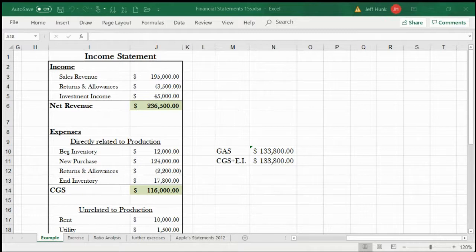Now, I said that the goal of the income statement is describing the process to profit, right? The process leading to profit is called operating activity.